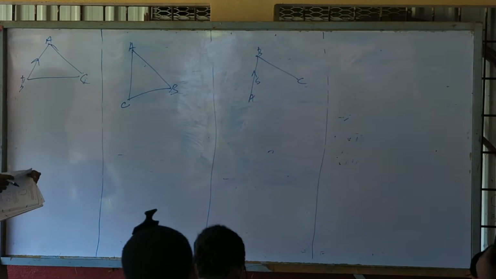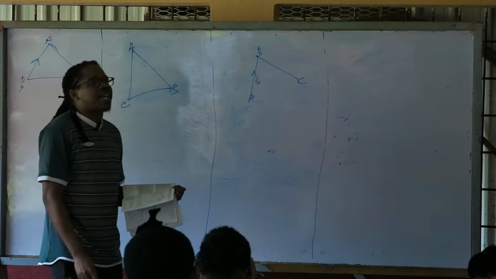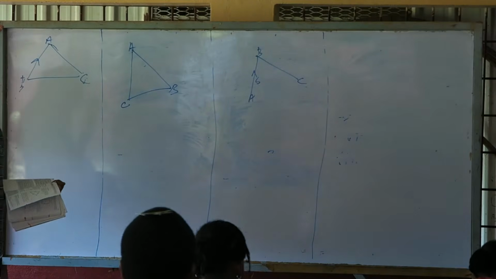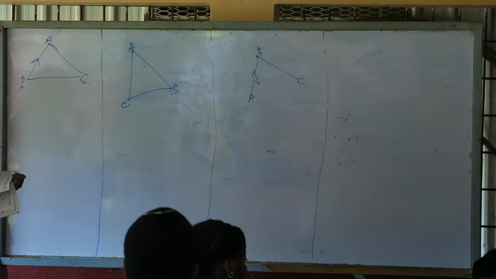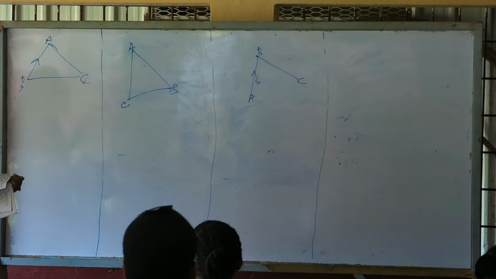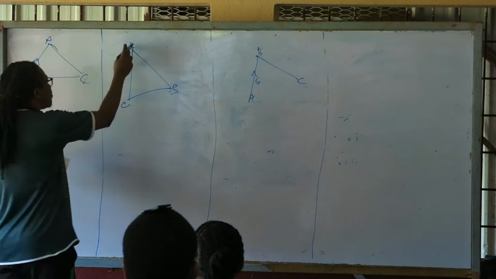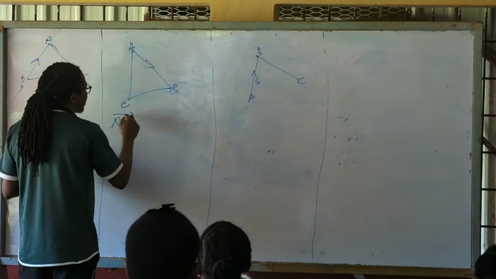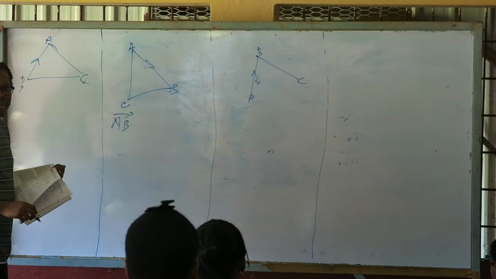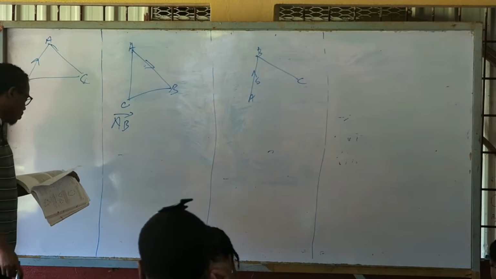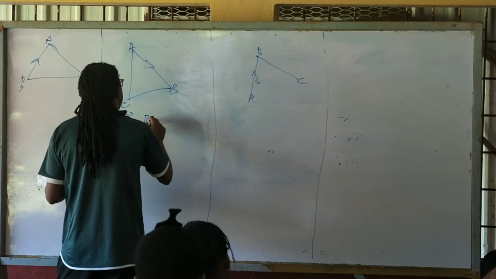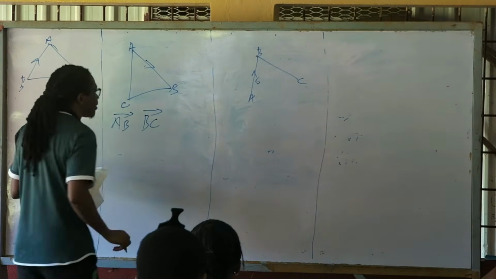All right. Now, you have a thing we call a resultant vector. The resultant vector is the result, the final ending place, and the original starting place. If he moves from A to B, it is written that way, and then he moves from B to C, that way.